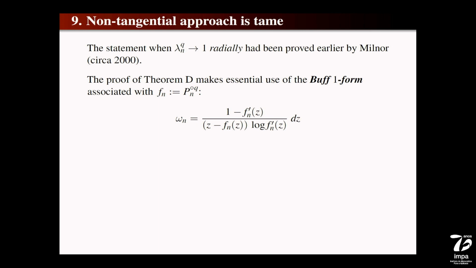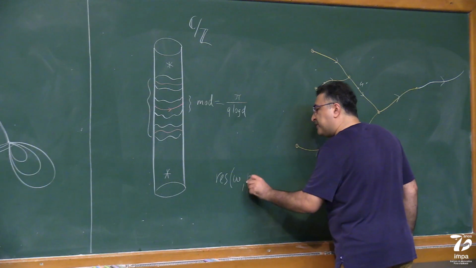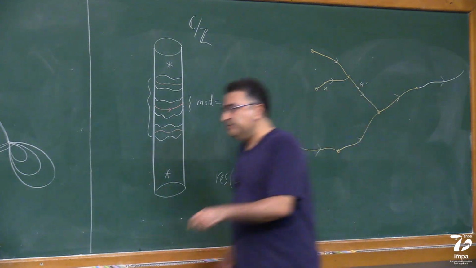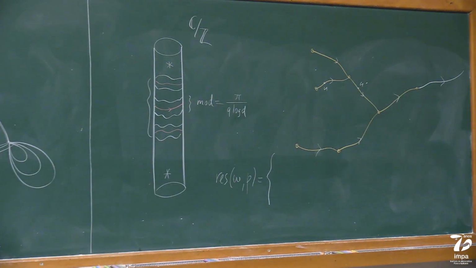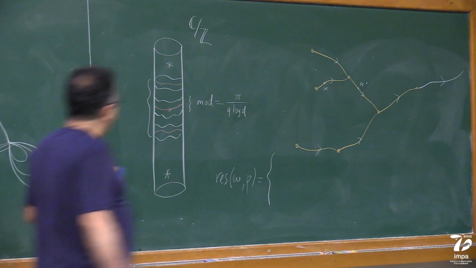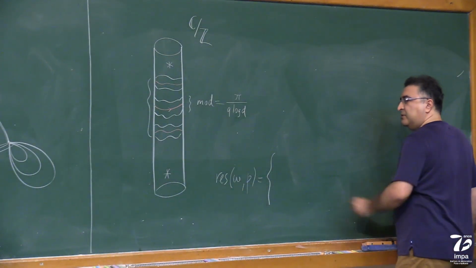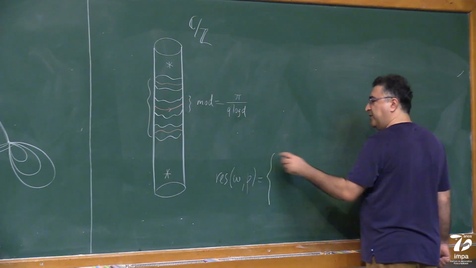For example, if you take one of these forms, it is a meromorphic form which has poles at the fixed points of the near-parabolic map.